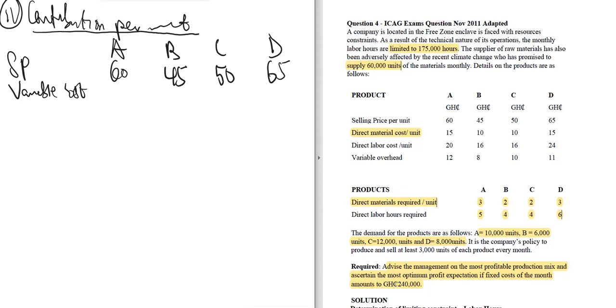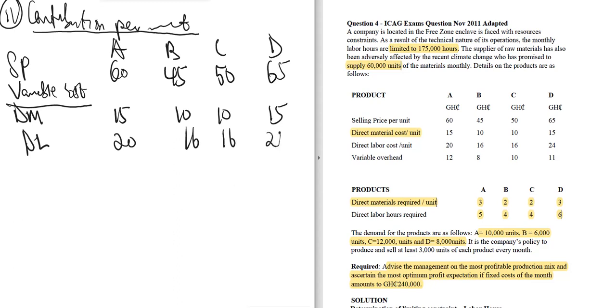Variable costs. So for variable costs, I have what? Direct material to be 15, 10, 10, and 15. We have direct labor to be 20, 16, 16, and 24. We have variable overhead to be 12, 8, 10, and 11.